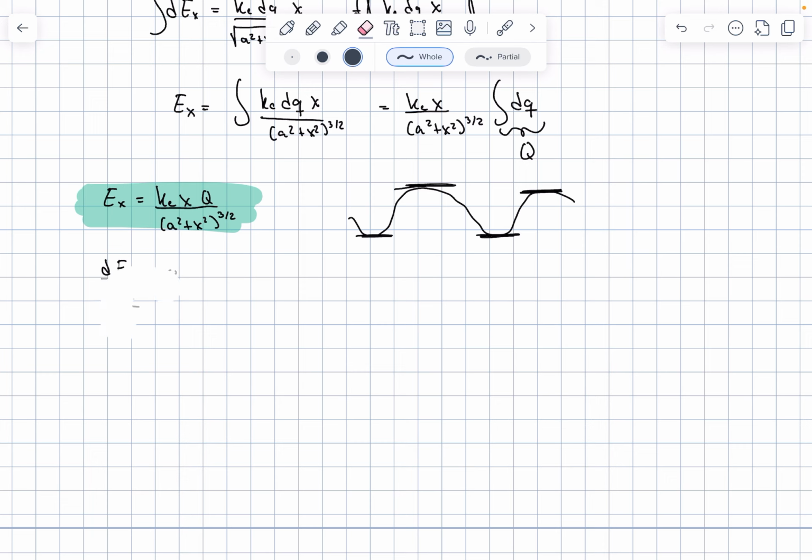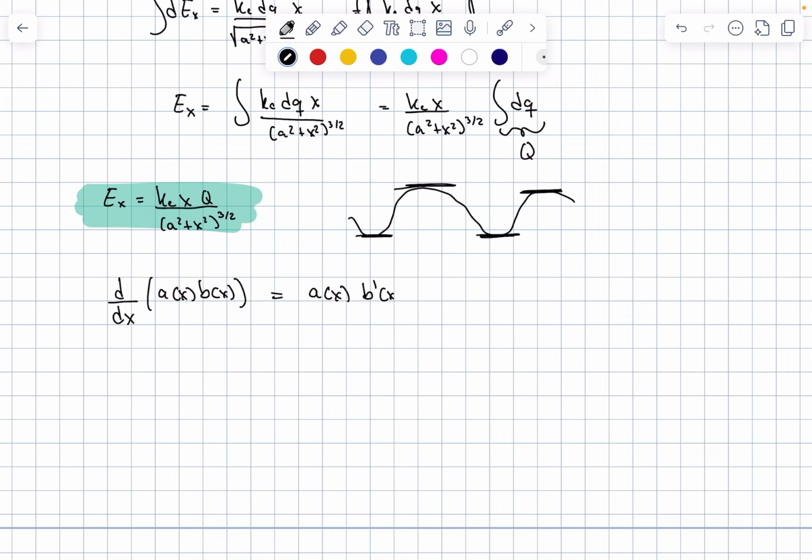To do this, hopefully you remember your chain rule, and I'll just re-explain it quickly. The derivative of two things that both have x in them is going to be equal to: you keep the first one constant and take the derivative of the second one, plus keep the second one constant and take the derivative of the first.